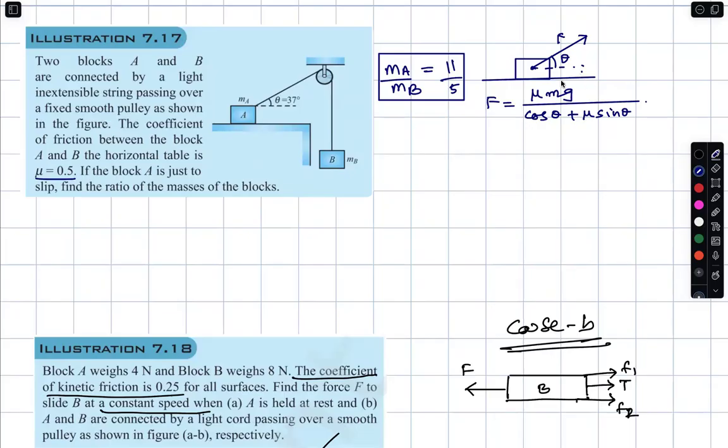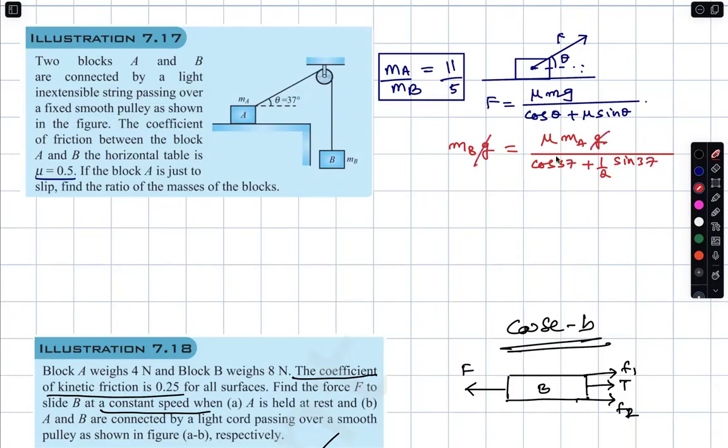Left half is this. In the right half, in the place of F, I need to write m_B g. Correct. So m_B g is equal to mu times m_A g divided by cos 37 plus mu times 1 by 2 sin 37. There is no issue at all.